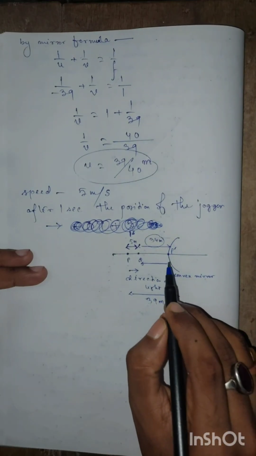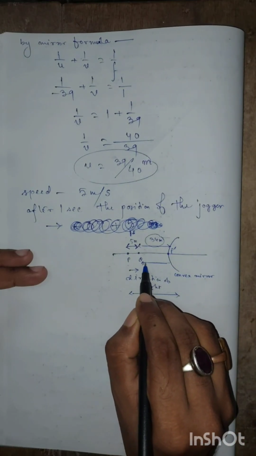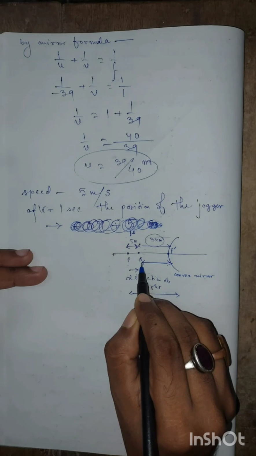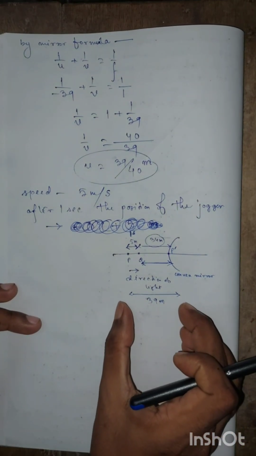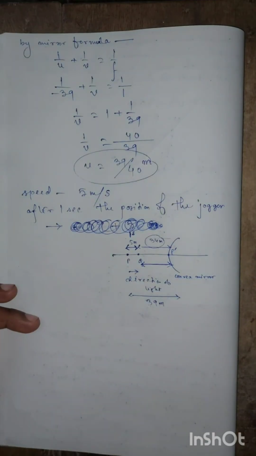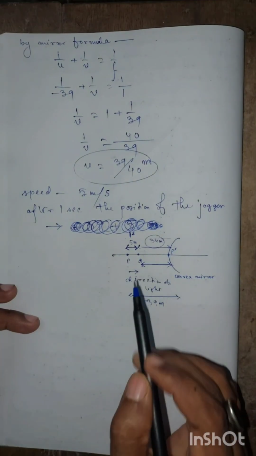The distance between P dashed and Q is 39 minus 5, which is 34.